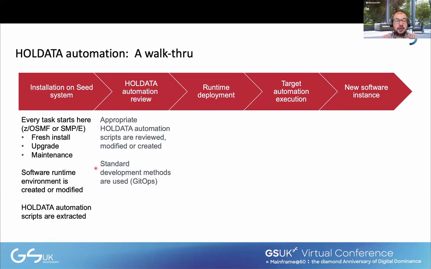We don't want to do anything automatically from this point. At every stage, people should have control over what is happening. So those snippets will be modified, new ones can be created, some of them can be skipped if there is a reason for that. And all these things are happening through the standard GitOps processes or methods.